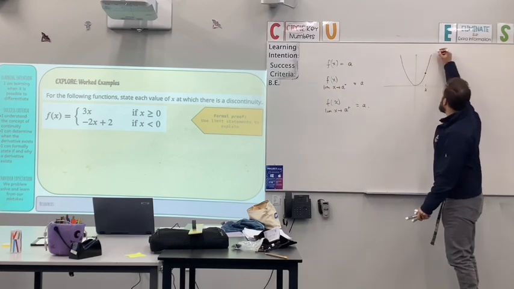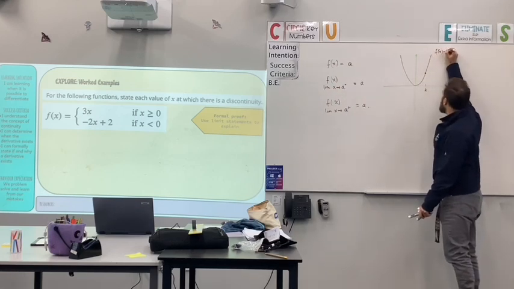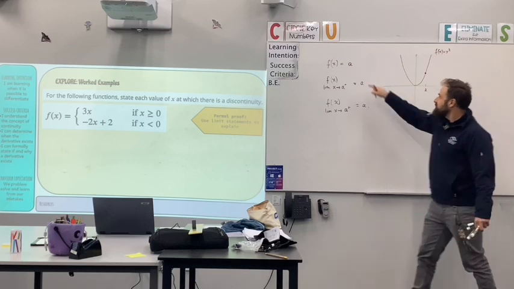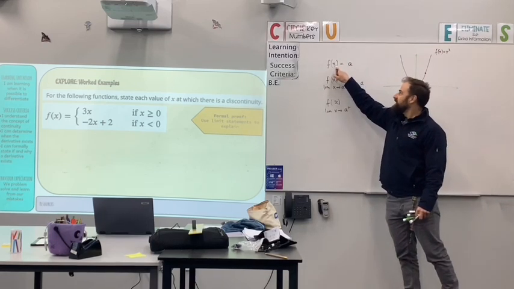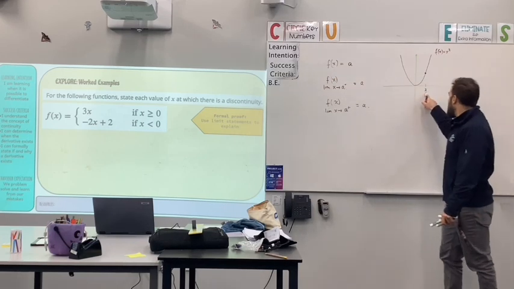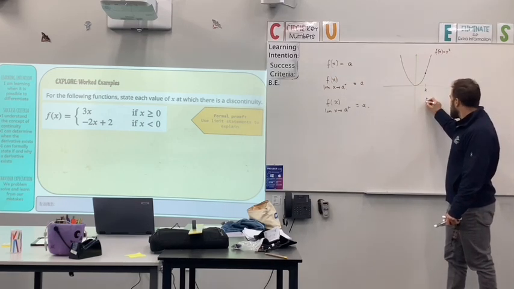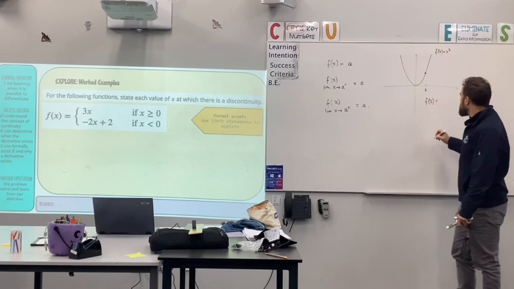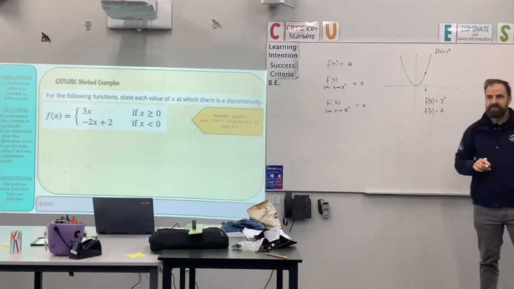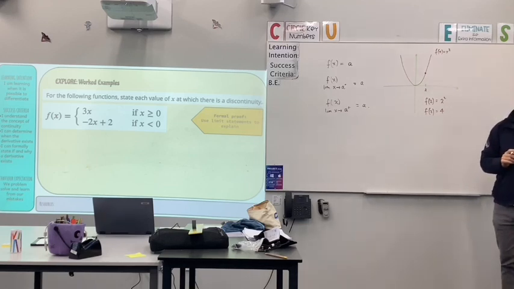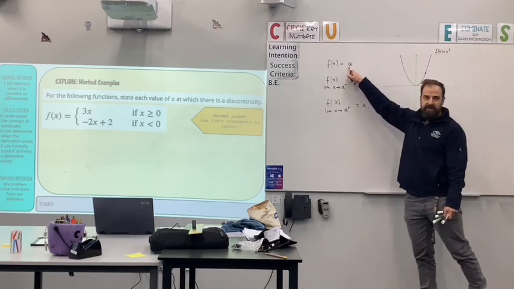This is the graph of f of x equals x squared. So let's first find out what f of x is equal to at the point x equals 2. Substitute 2 into the equation, we get 2 squared. f of 2 equals 4. So my a value is 4.